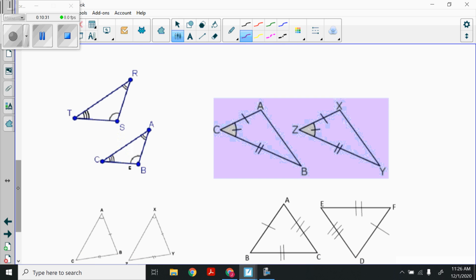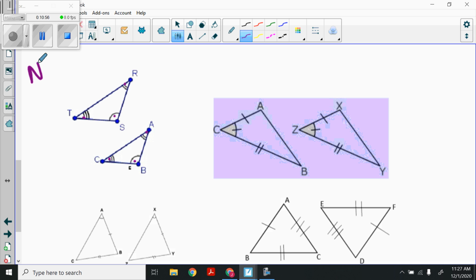All right, next one, let's look at these 2 triangles. Triangle RST, triangle ABC. So what do I have? I have an angle, an angle, an angle. So AAA, but remember, AAA was one of the properties that does not prove triangles congruent. Just because I know that my 3 angles are congruent does not mean that my triangles are congruent.